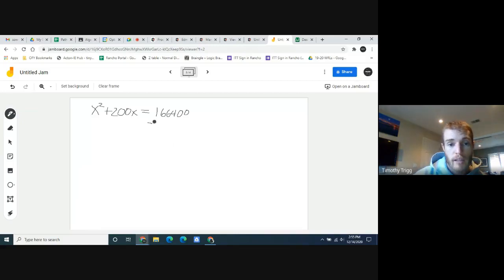So I'm going to subtract this 166,400 from both sides of the equation. Okay, cancels there, which gives us 0 on the right, which is what we want. So we have x squared plus 200x minus 166,400.